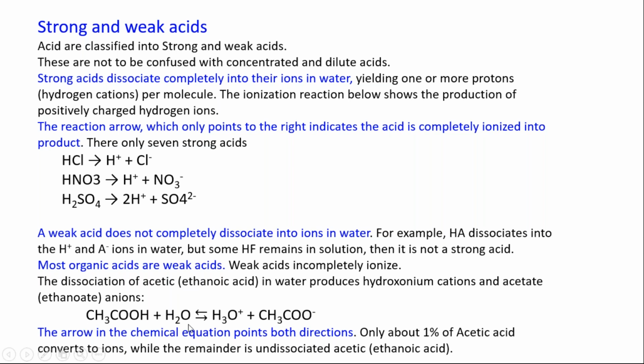When you add acetic acid to water, it will dissociate into the H plus, which can bind with water to form the hydronium ion, and you get the acetate ion. But here you see the arrows are both ways. These arrows pointing both ways indicate that only a small amount of the acid is dissociated into the acetate ion and the proton.